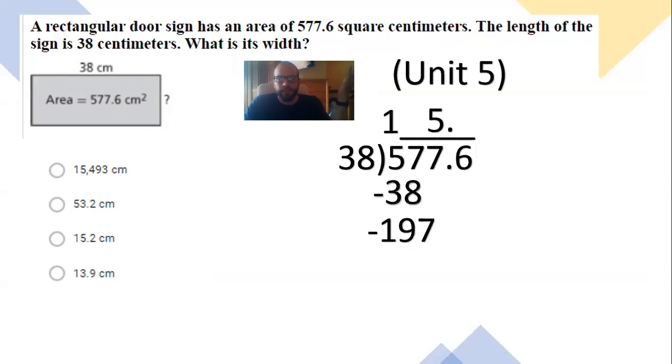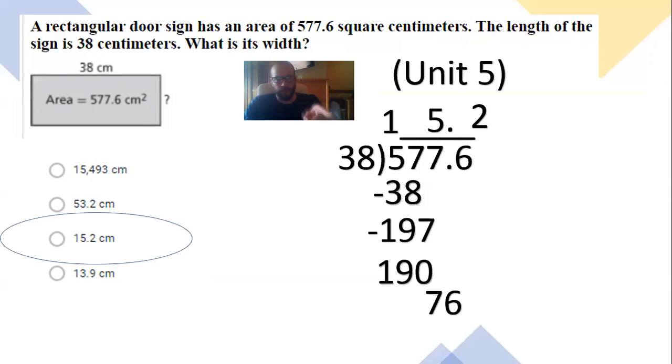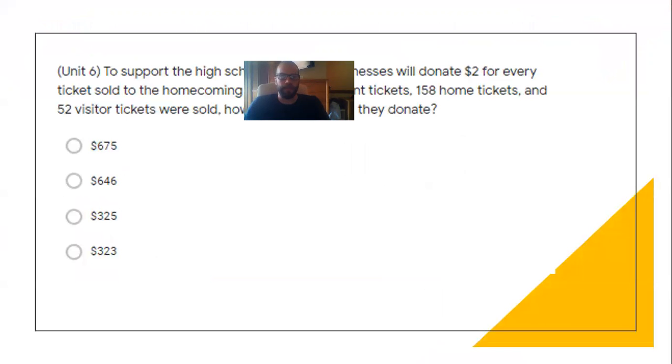It's 5. 5 times 38 is 190. So what's left over? 7. Bring down the 6. But before you do, make sure the decimal goes up. How many times does 38 go into 76? Twice. And there's nothing left over. That's it, folks. 15 and 2/10 right there.